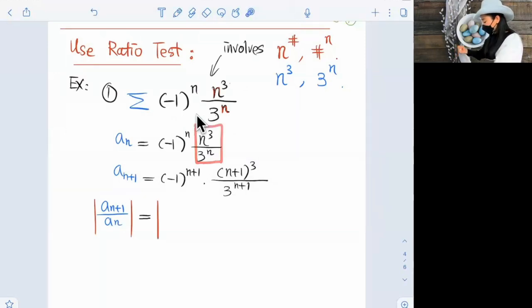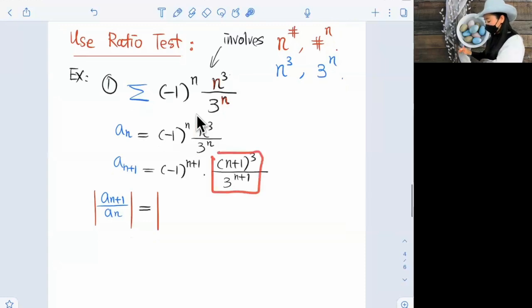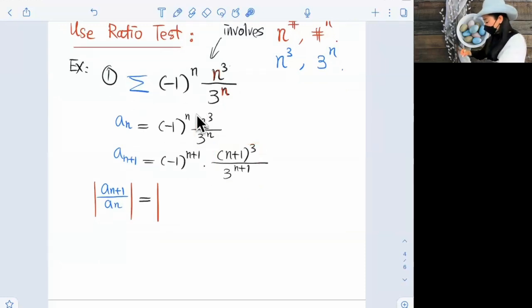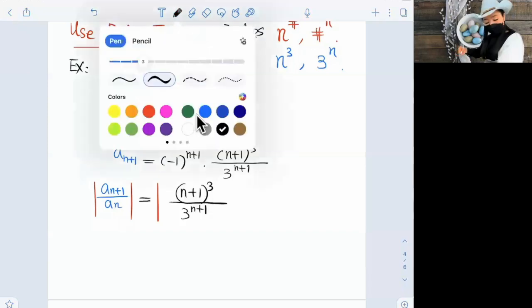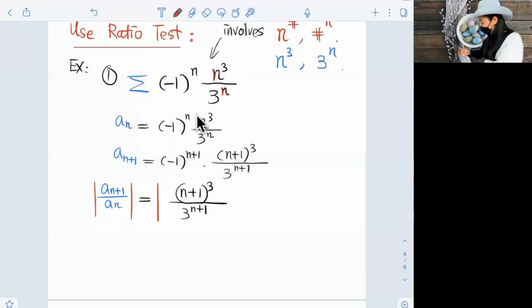So for an plus 1, we take away the alternating sign because of the absolute value, and we get n plus 1. Now dividing by an is the same as multiplying by the reciprocal of this.